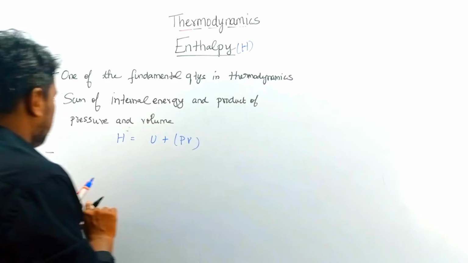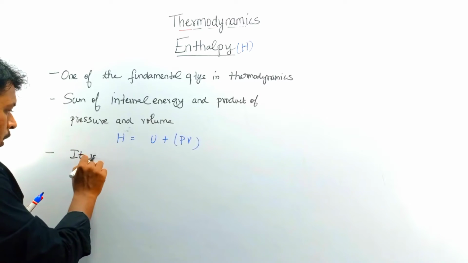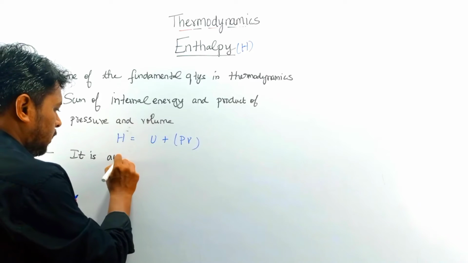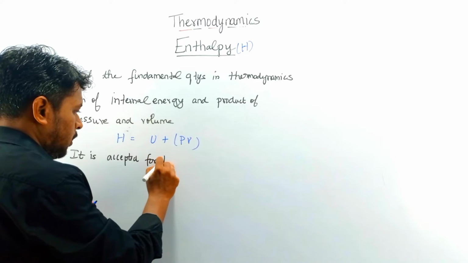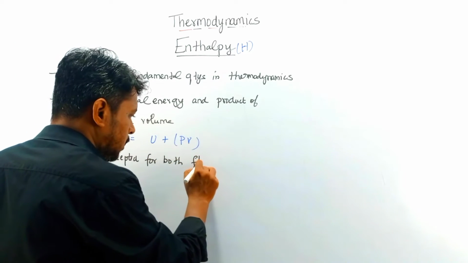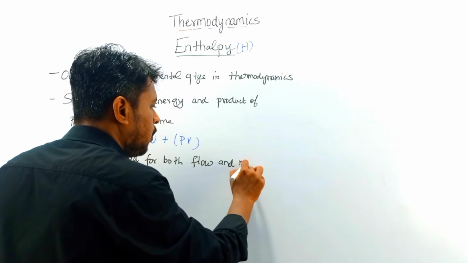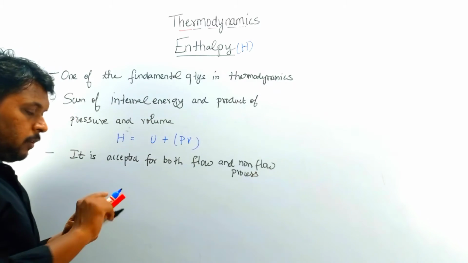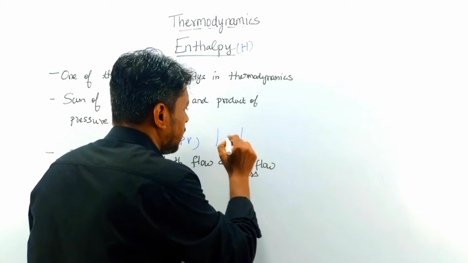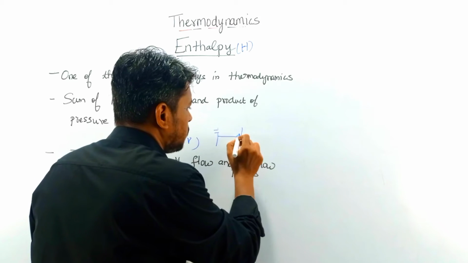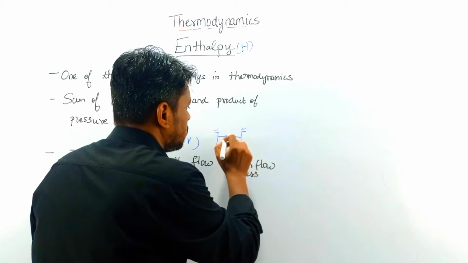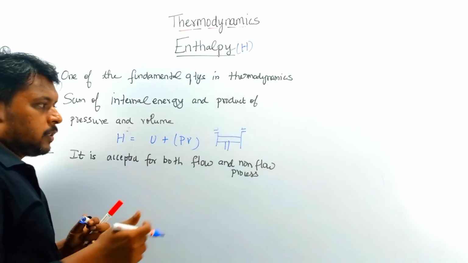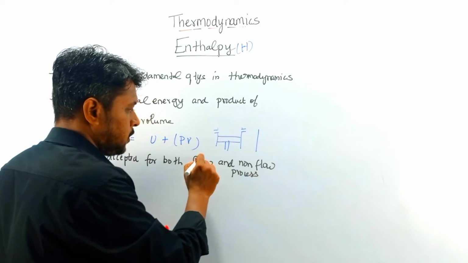Say, if we have a cylinder with an opening and a piston, this is an open system. Air comes in, is processed, and goes out. So let us consider this a flow process.